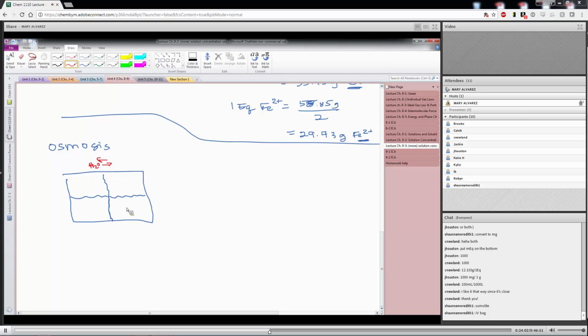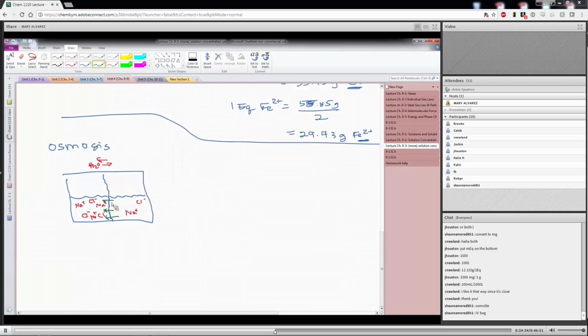If I set up the solution and I make it something really concentrated on one side, like lots of salt, and then a really weak concentration on this side, then naturally occurring process, water will cross the barrier.